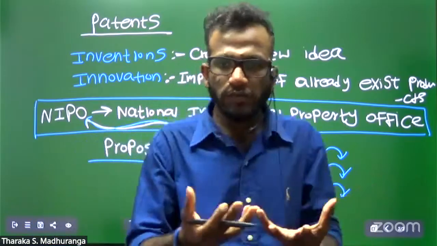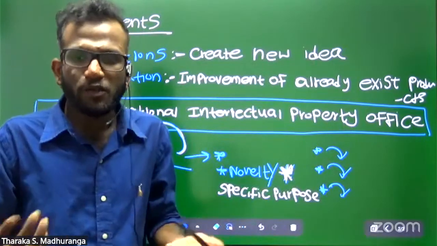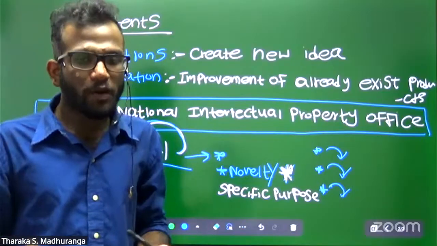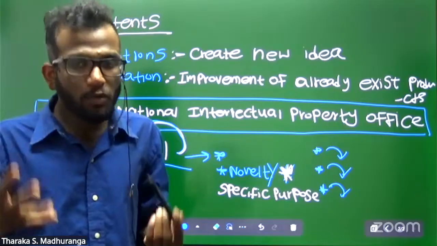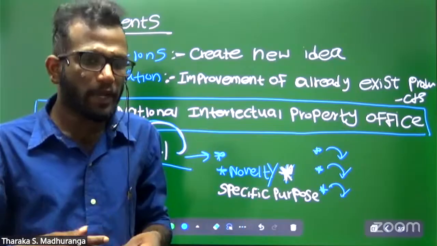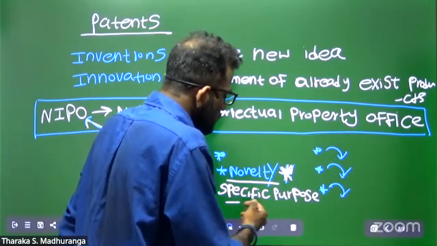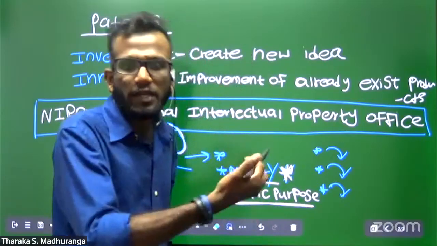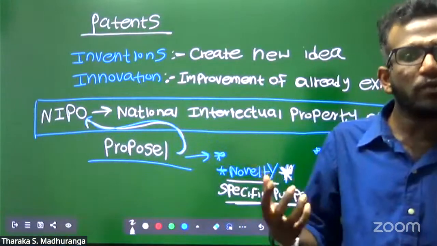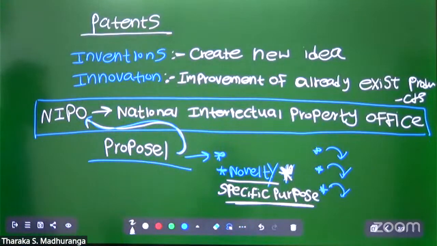Think if you produce any novel thing, but it has no purpose for humans or other organisms, mainly humans, it's not valuable. It's not suitable for applying for a patent. Therefore, novelty is very important, and it should have a specific purpose, industrially or otherwise, mainly for humans. Okay, those are the main things you need to know about patents.